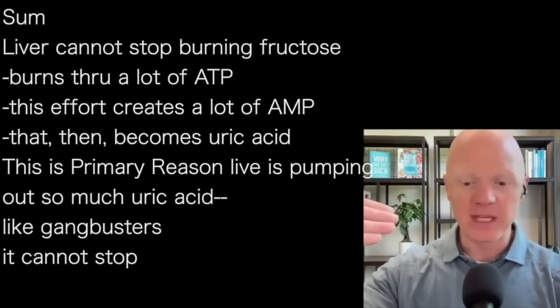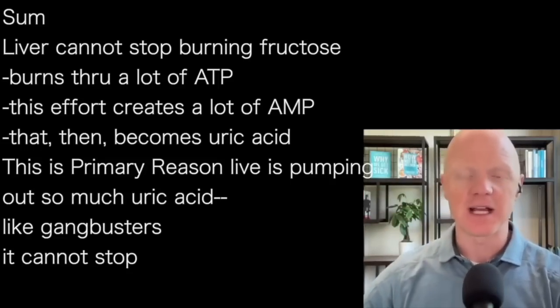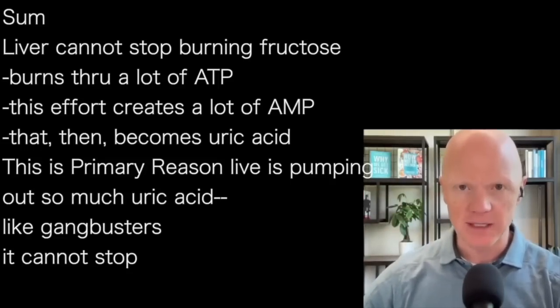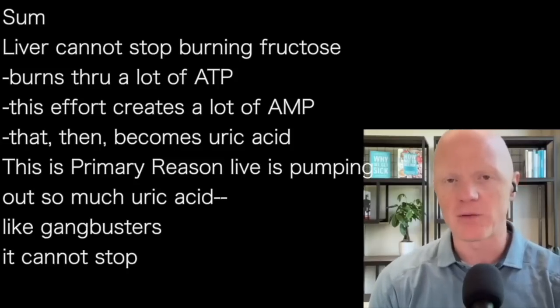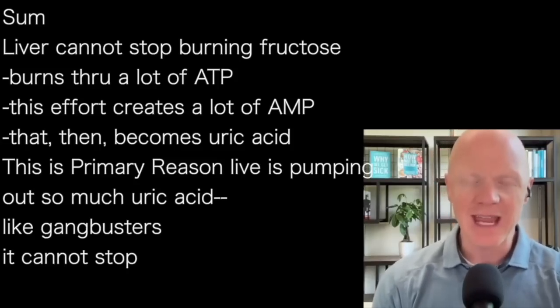And then the AMP, after a handful of metabolic steps, becomes uric acid. This, I think, is the singular pathway mattering more than any other when it comes to explaining why the liver cell in particular is creating so much uric acid. Like gangbusters, it can't stop.